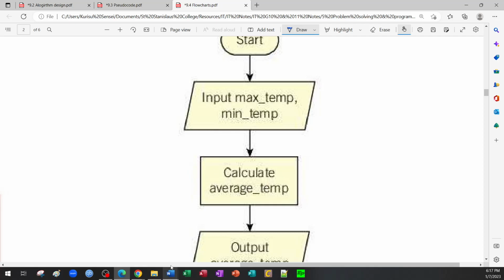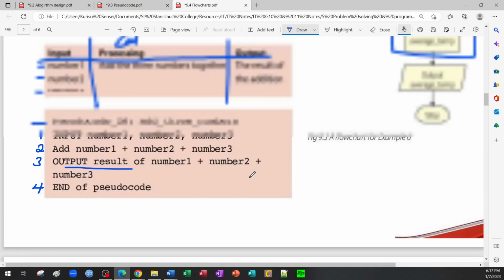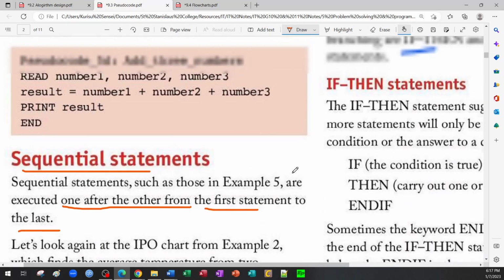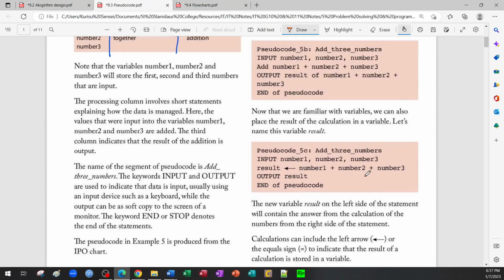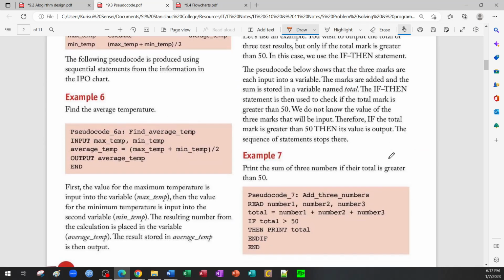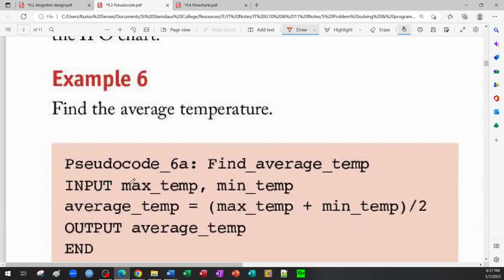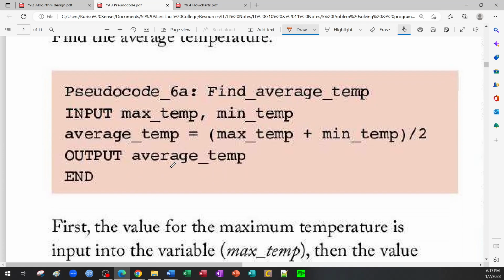So say, for instance, if it was pseudocode, it would have been like this here. This is how it would have been in pseudocode.